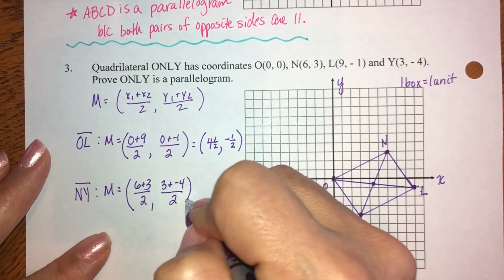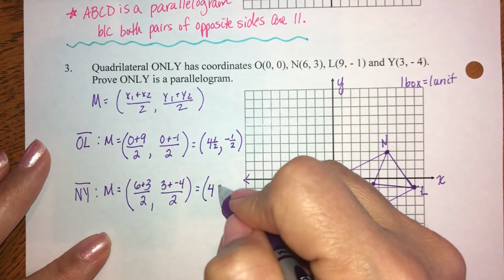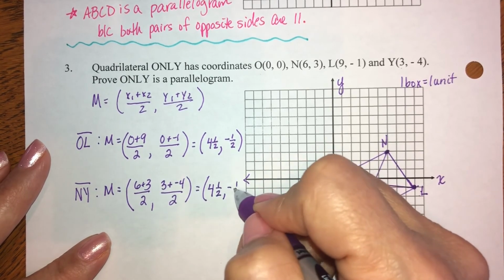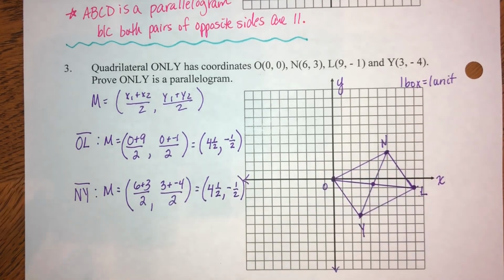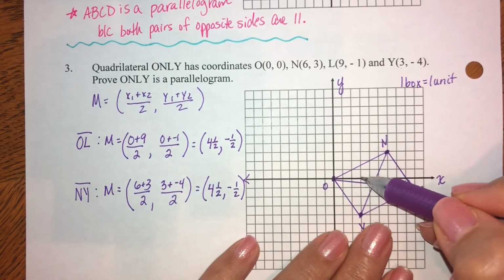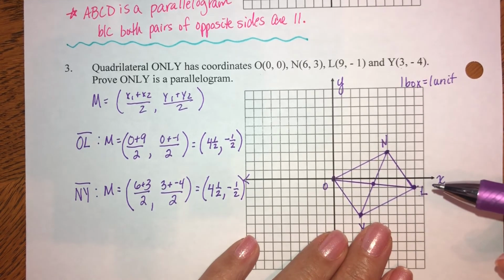And sure enough, when I complete that arithmetic, I am again going to end up with 9 over 2, or 4.5. And I'm again going to end up with -1/2. And if you've made the graph, you can use it as a way to kind of double check yourself. 1, 2, 3, 4, and about 1/2, and down about 1/2. That seems just about accurate.